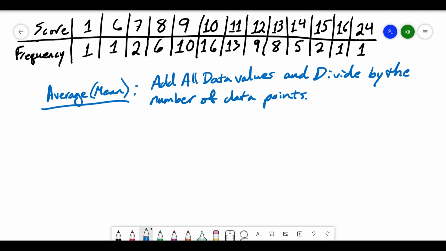So what this looks like, if I have a data set that's D1, D2, D3, all the way up to Dn, so there's my data set.